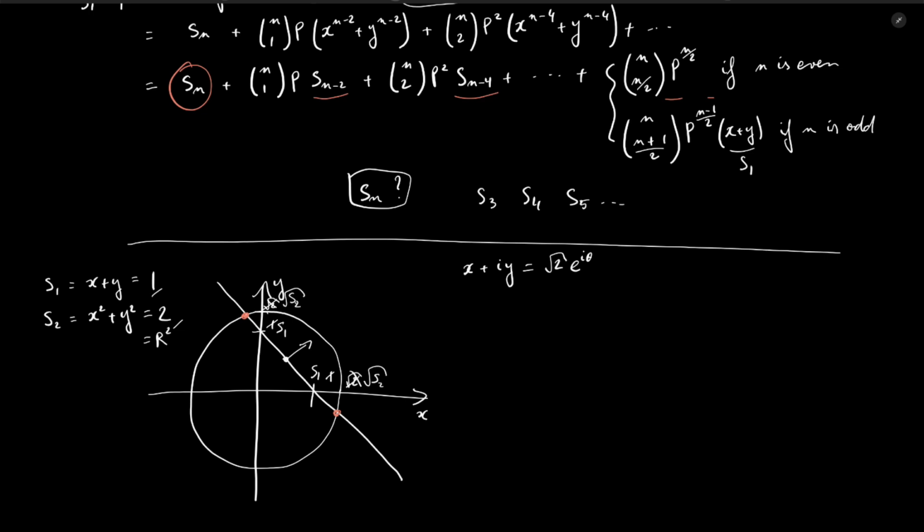So let's find this extreme case. This is when the line is going to be located like this and is going to touch this point of the circle. At this point, what we're going to have is a right triangle that we can draw like this, where the right angle is located here. And we know that this length is equal to S1, and this length over there is equal to the square root of S2.